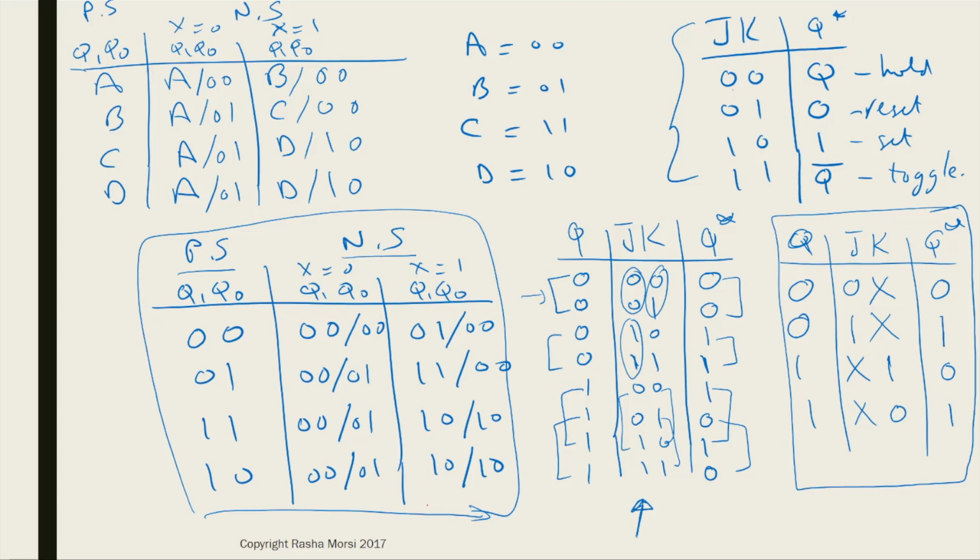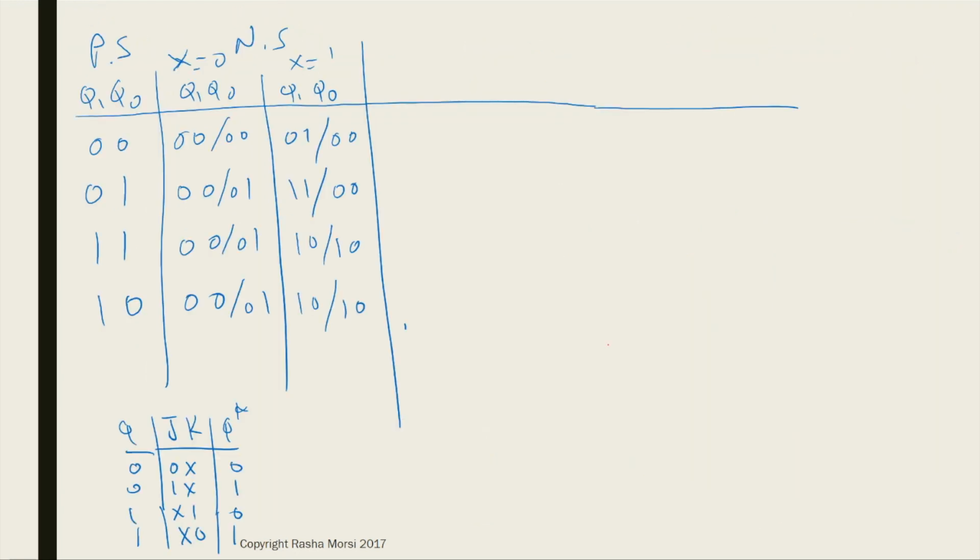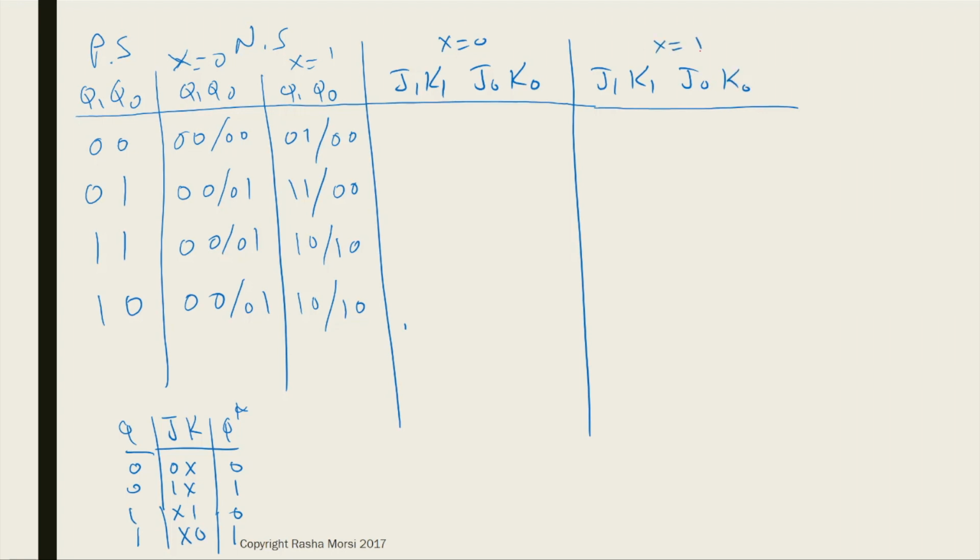So the next step is now to look at this state table that we have and create our JKs using the newly created excitation table for JK. So we draw 2 more columns. For x is 0, x is 1, I could have J1, K1, J0, K0 for either one of those situations.